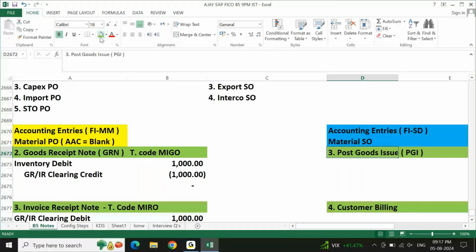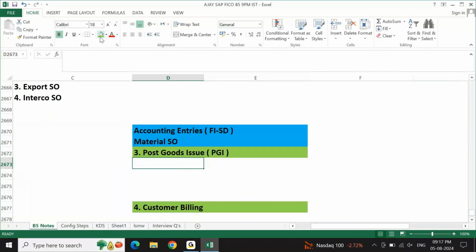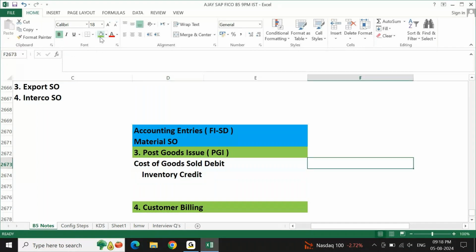In case you are selling a product, what is going to happen? There is something called post goods issue, which is nothing but PGI. Accounting entry will be cost of goods sold is debit, and inventory account credit. Same thing. Let me take 1000 here.